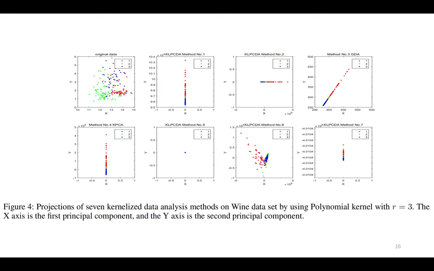Figure 4 is the results on one dataset by using polynomial kernel with the same parameter value. Also, generally speaking, all of the results perform no better than the Gaussian kernel. And our proposed method number 1, number 2 get similar results as JDA and KPCA.